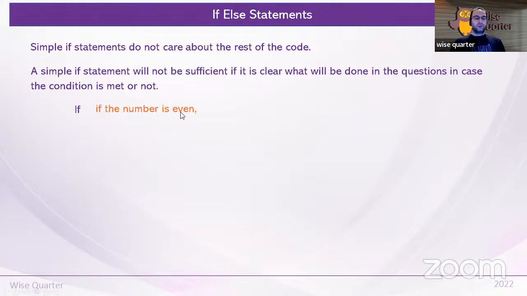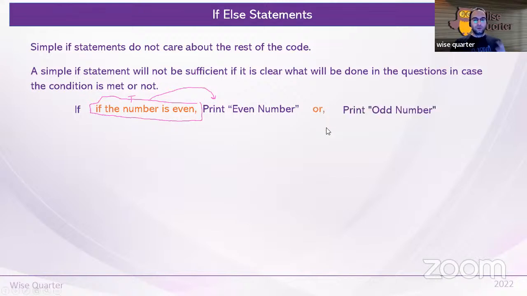If the number is even, if this is true, we will print the number. If true, print it. But what happens if the statement is false? This is the statement, this is the condition. If it is true, it will do this. If it is false, it will print odd number.